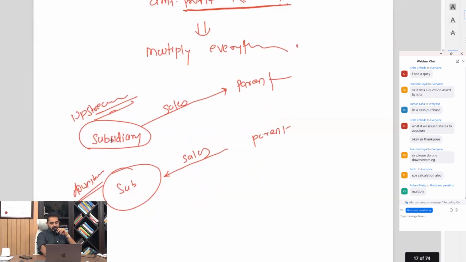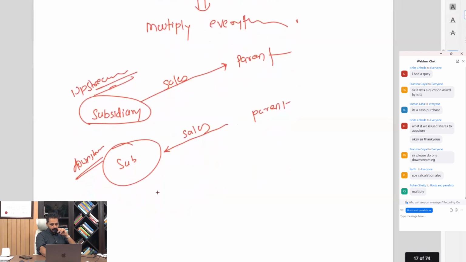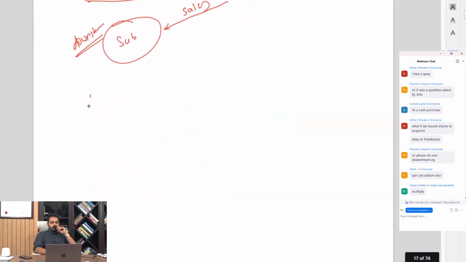Let me do an example of a downstream transaction with you. Okay. So imagine we have a parent company P, and we have a subsidiary company S. All right. Now, during the year, parent company sold to subsidiary company sales of 10,000.